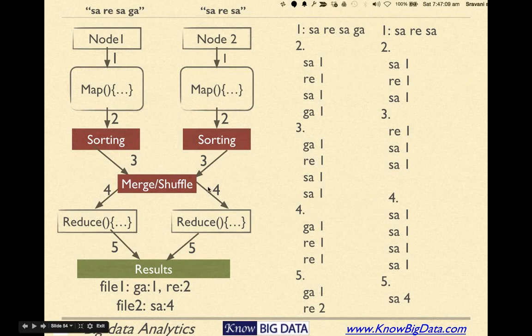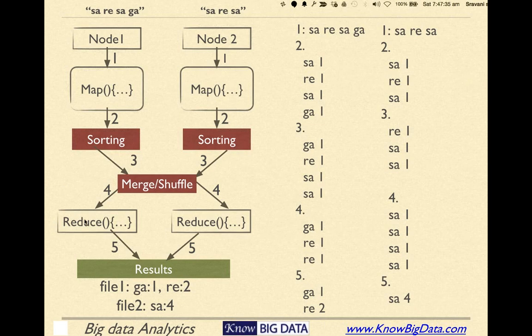Okay, so this is how it looks like. This phase called merge and shuffle, we'll look at it again. In this merge and shuffle, what happens is this sorted data gets merged and then splitted. This shuffling happens here such that some of the keys go to first reduce function, some of the keys go to second reduce node.